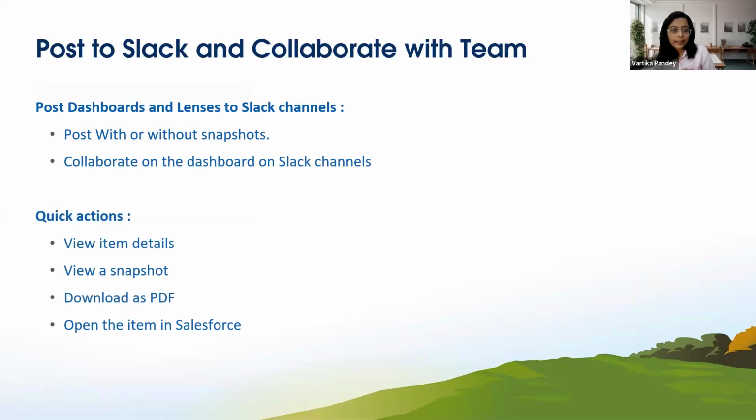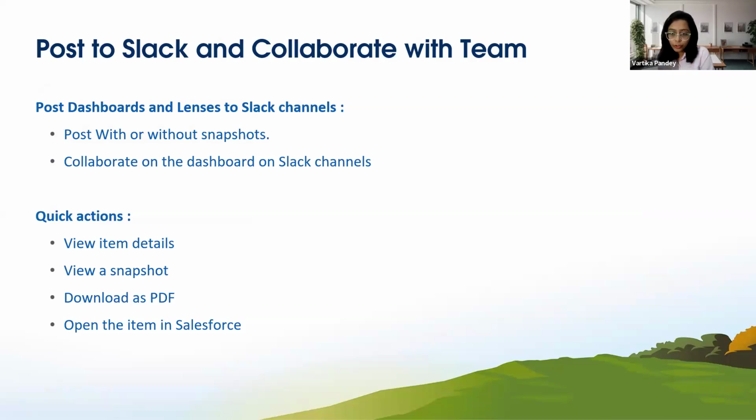Okay, so first, speaking of posting to Slack and collaborating with the team. We just saw an example of how we can post to Slack, but there is more to that. We can post to Slack with or without a snapshot. If you remember, when I demonstrated that to you, I had chosen that I want to see an image preview.